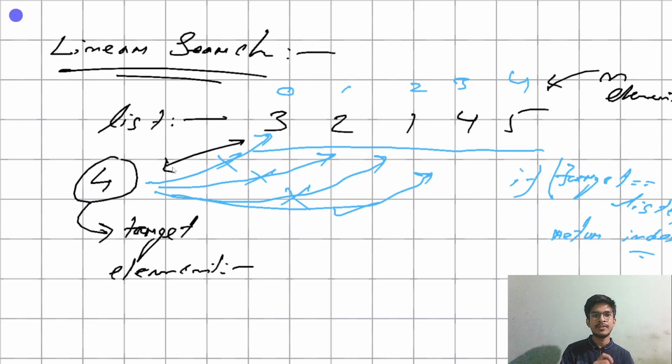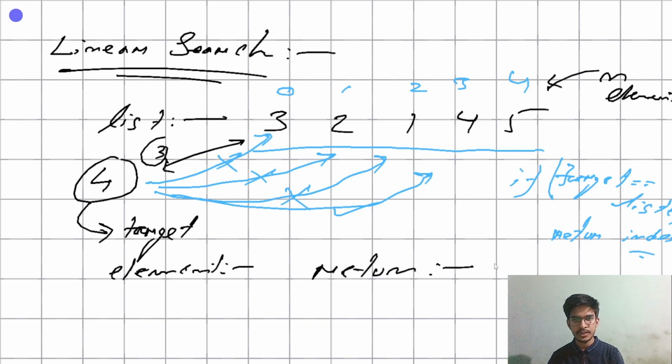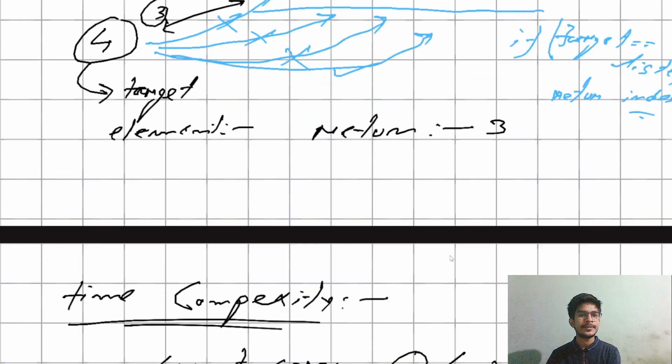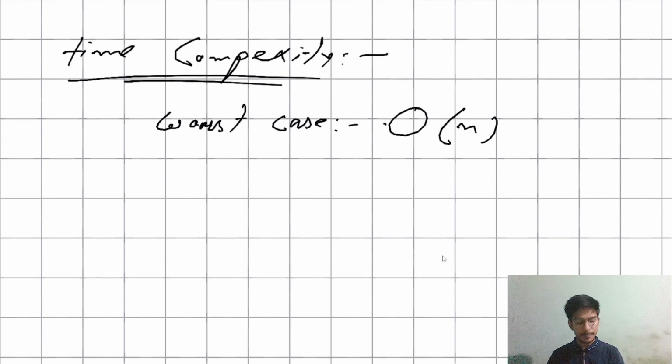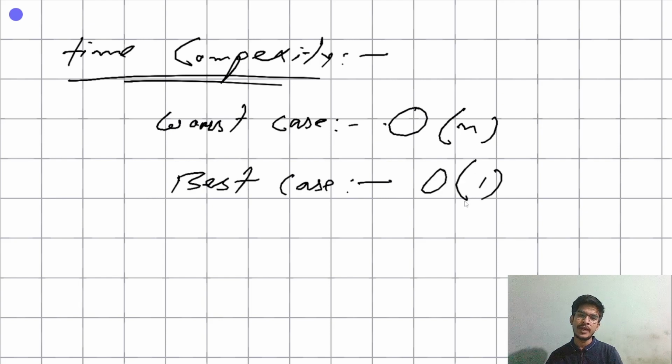So it will return index 3. So in the best case, the element to be searched is at the first index, and the time complexity is big O of 1.